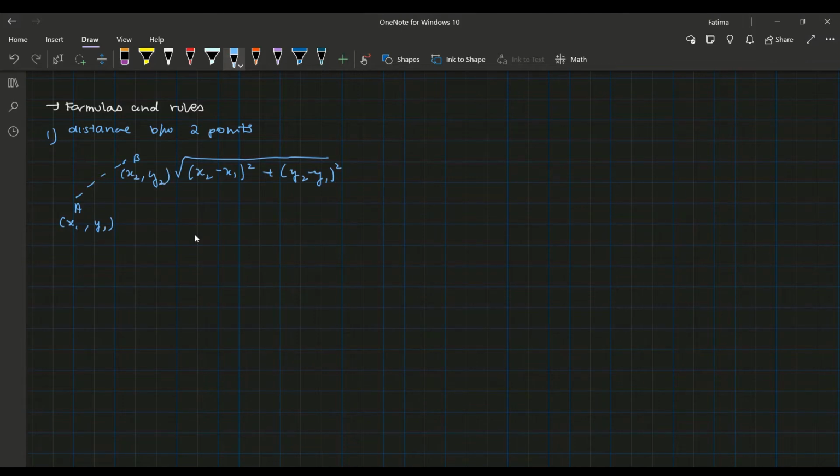So if I found the difference between x2 and x1, that would be this distance over here. And if I found the difference between y2 and y1, that would be this length over here. So if I square both of the distances, add them, and then root them, I'll be applying the Pythagoras theorem to find the distance AB, because now this is a right angle triangle.